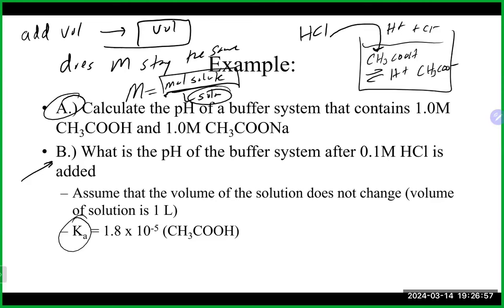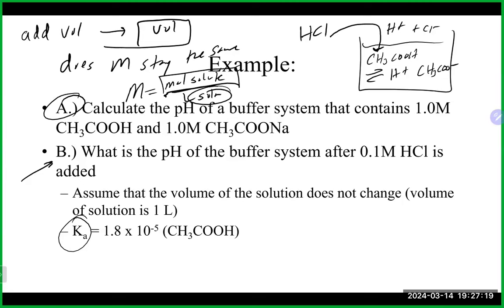So one really important thing when we go to do an ice table in any situation, like when you have a buffer and you add some acid or base to it, is that you need to do the ice table initially in moles because they do not change. Molarity does change.